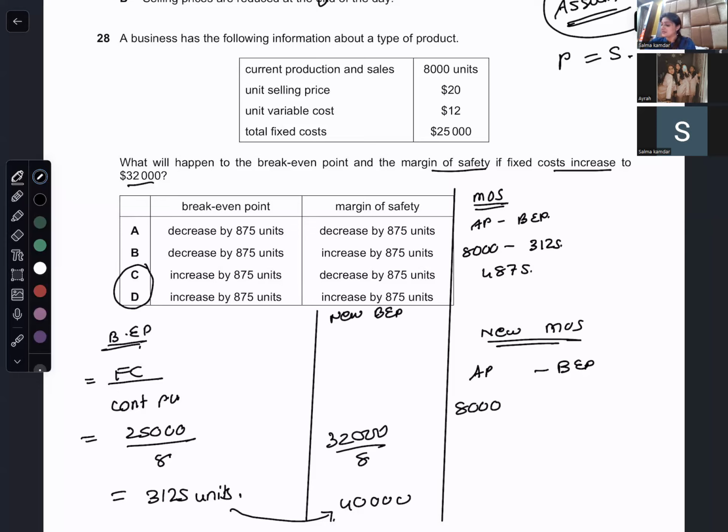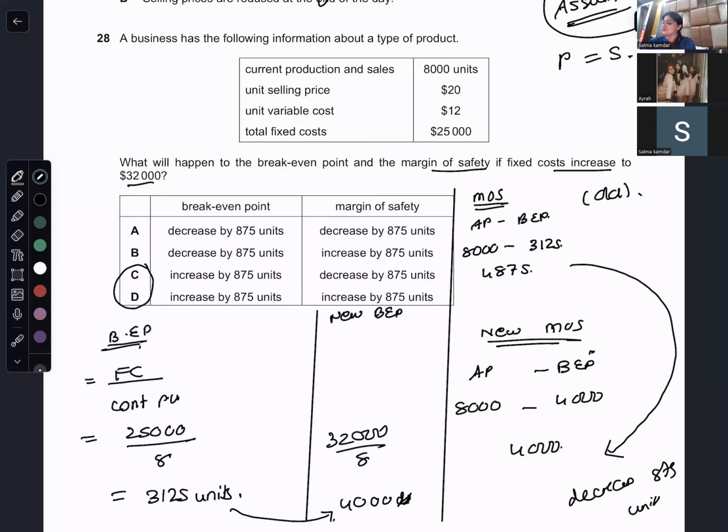Actual is 8,000 and the new break-even point is 4,000. So margin of safety is also reducing by 875 units. This is the old margin of safety, this is the new margin of safety, so it is decreasing by 875.